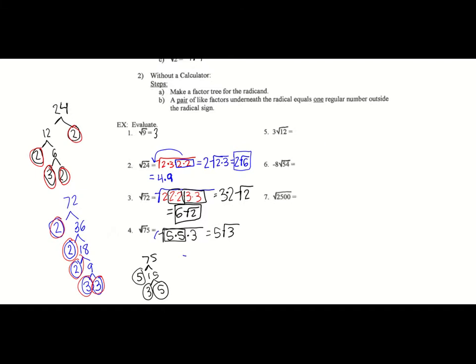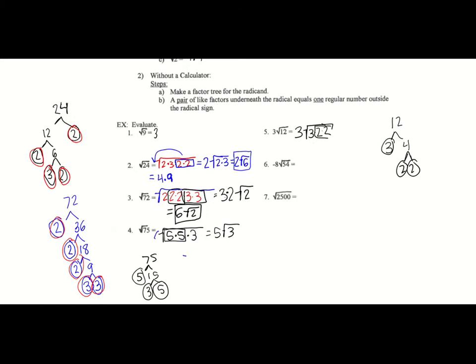Okay, we've got 2 more. So I've got 12 under my square root here. So if I'm breaking up 12, I know 12 is 3 times 4. 4 is 2 times 2. So 12 is really equal to 3 times 2 times 2. So I can rewrite my radical. 3 times 2 times 2.